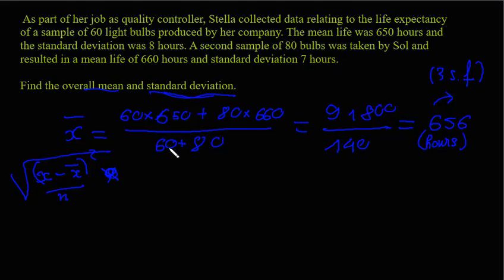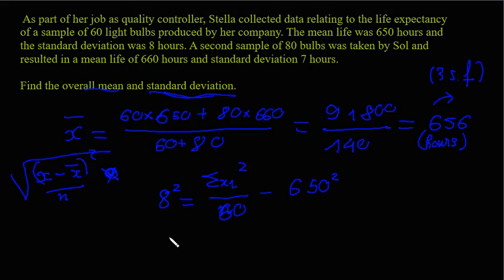Because we have the mean life was 650 hours and the standard deviation was 8 hours, for the first sample, 8 square equals the sum of x1 square over n, which is 60, minus 650 square.